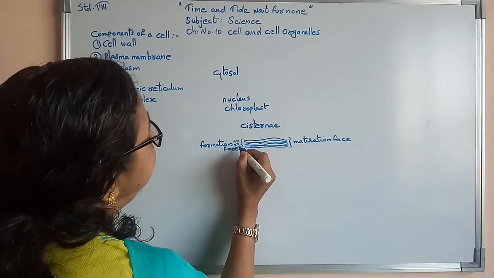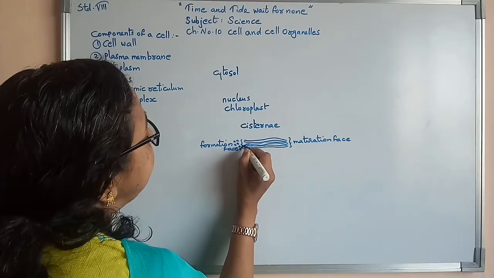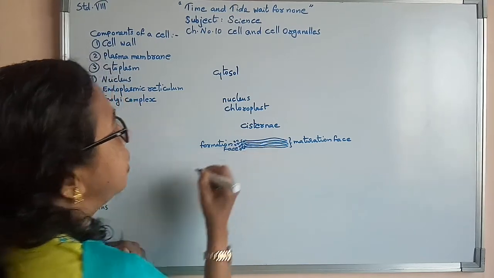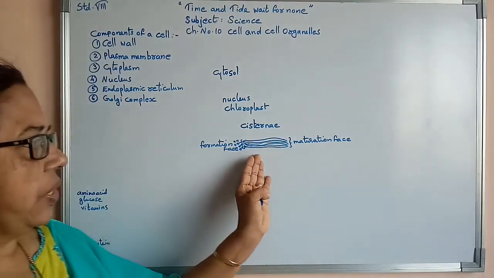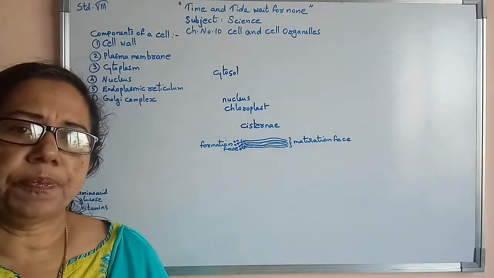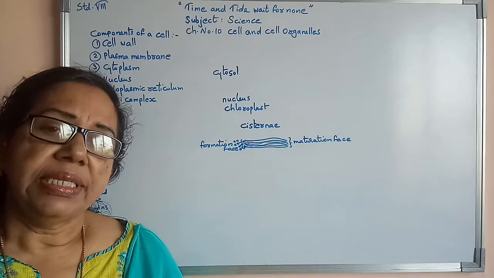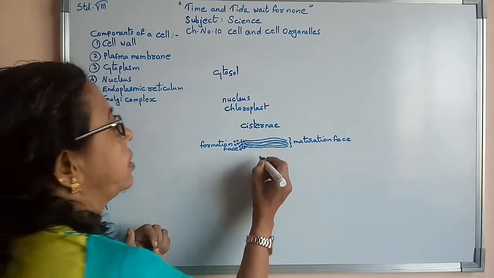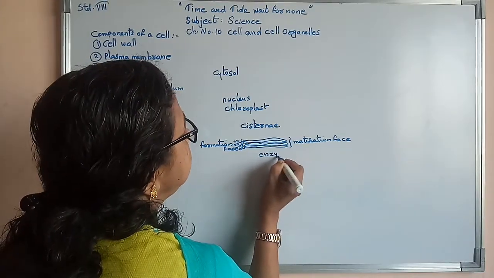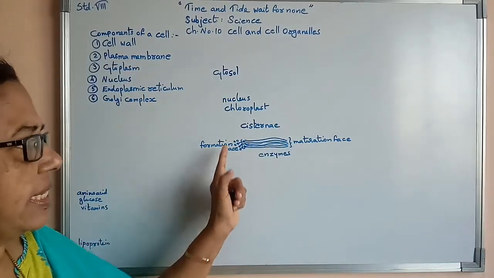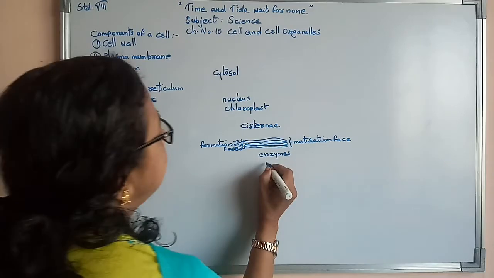Then, as and when vesicles reach here, these proteinaceous substances enter into the cisternae. Inside the cisternae, there are enzymes. These vesicles bring proteins.